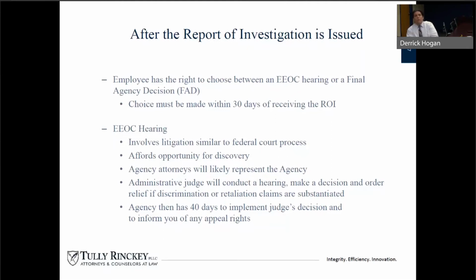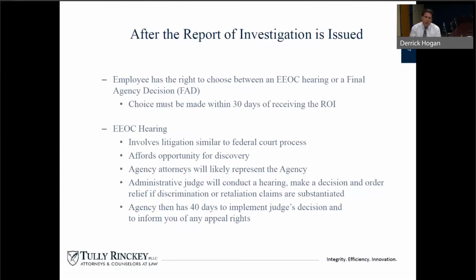So that's where it's very important to have an attorney, because if you've never been through a deposition, you might be timid, you might be scared. It's an unfamiliar process. You have an attorney on your side that knows what questions to ask and can guide you and prep you when you have to answer those questions. So those are very important things. Discovery and depositions are an important part of the hearing process that you don't get with final agency decisions.